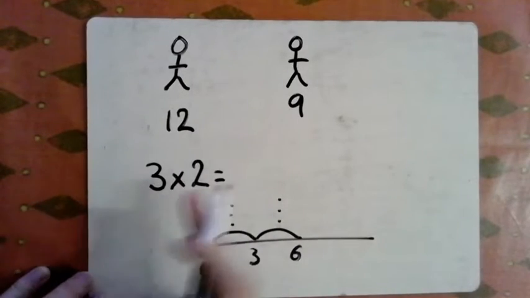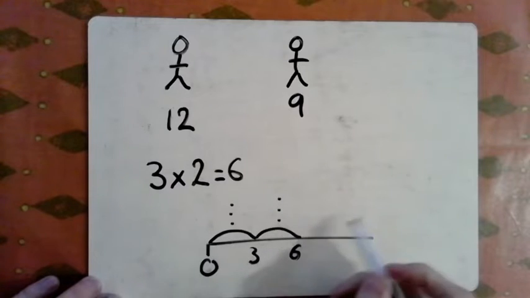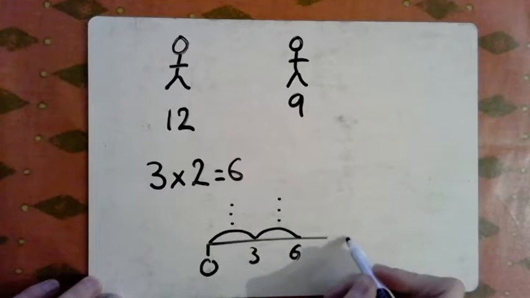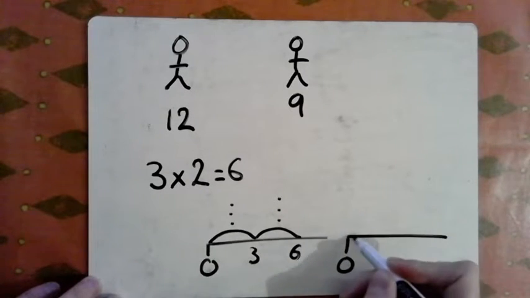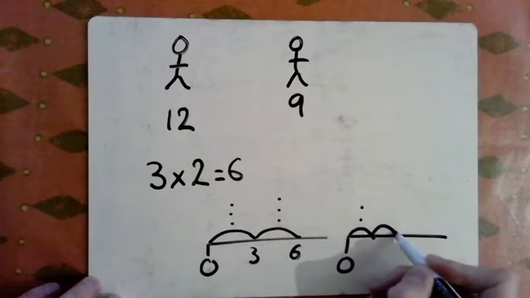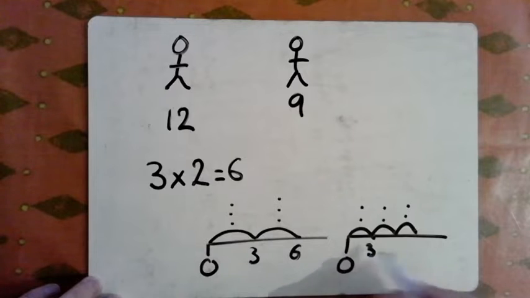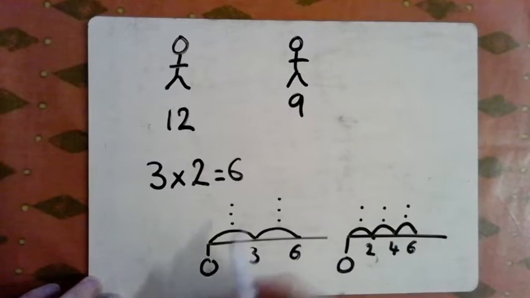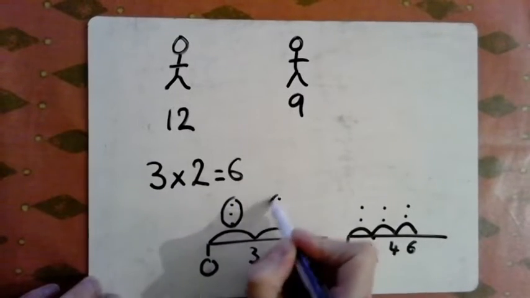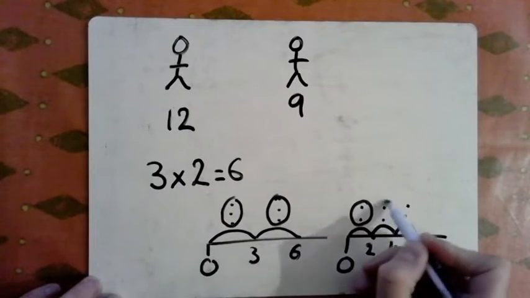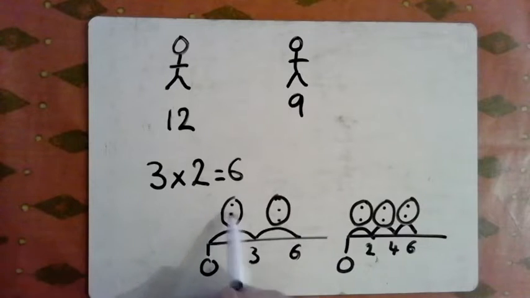We could, it's commutative, so we could flip it round the other way. We could have another number sentence which went 1, 2, 1, 2, 1, 2. We'd have 3 lots of that. Sorry. 2, 4, 6.